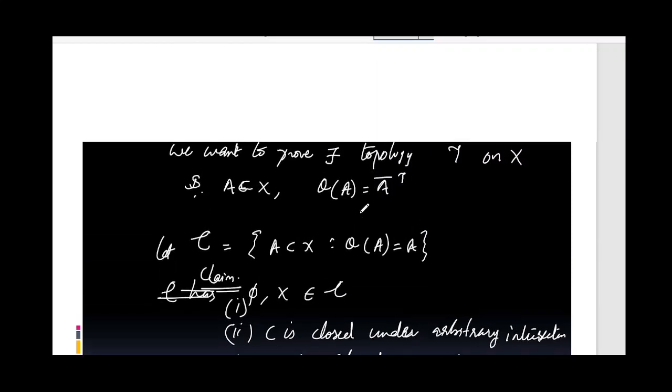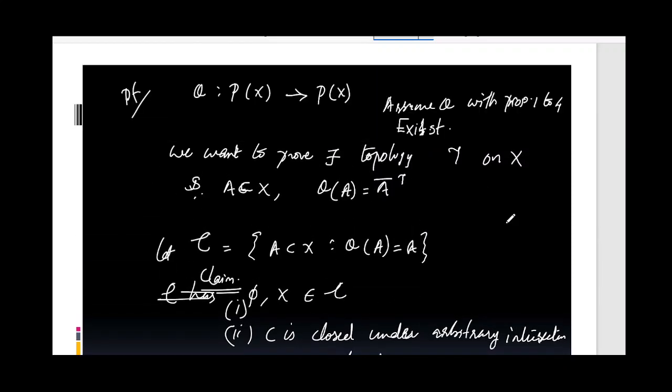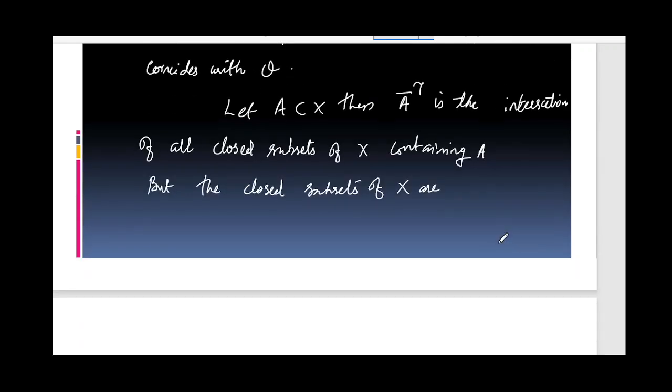Now we will examine what the closed subsets of X are. With respect to this set C, how can we say closed subsets? They should be fixed points, right? So the closed subsets of X are precisely the fixed points of theta.